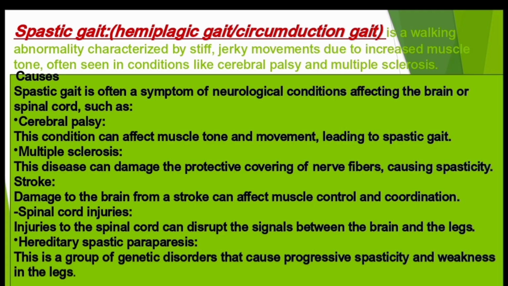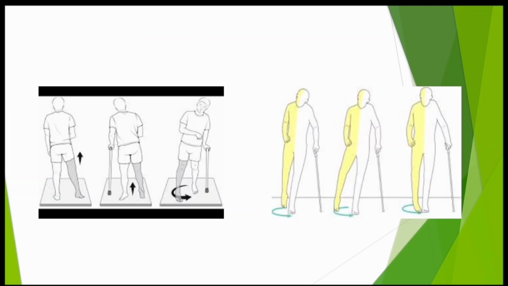Then spinal cord injuries. Otherwise, hereditary spastic paraplegia is also included. You can see in the picture how the person is walking. He's drawing a figure of zero with his leg while walking. Look at his walking ability.